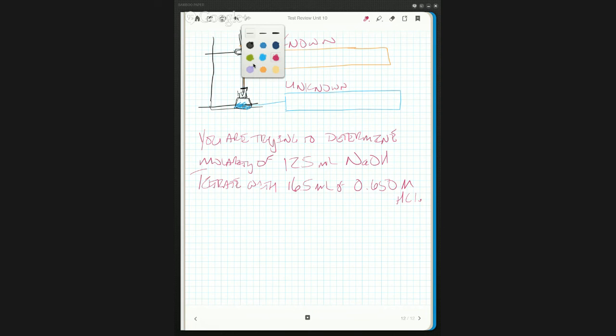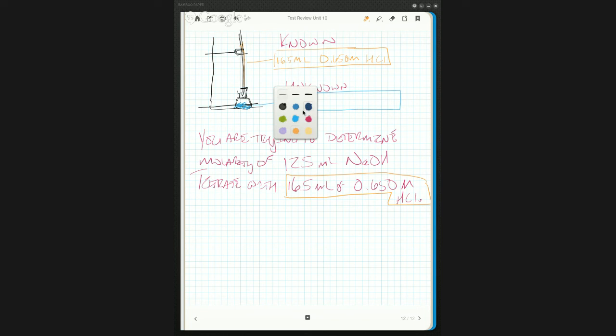So your known in this case is 16.5 milliliters of 0.650 molar HCl. Your unknown is the molarity of the 12.5 milliliters of NaOH.